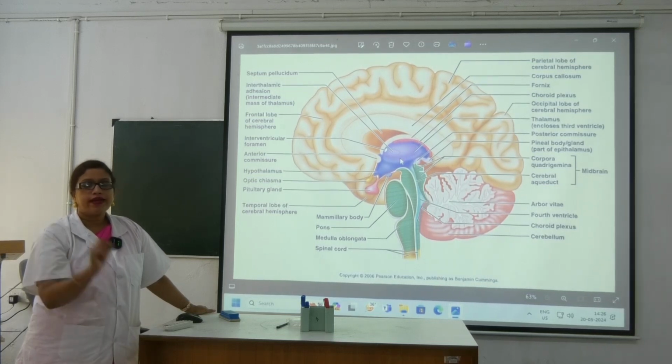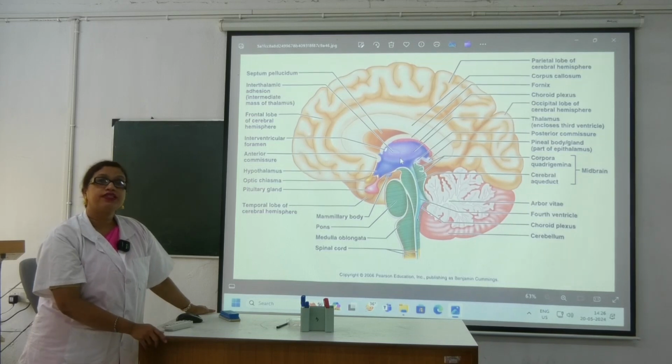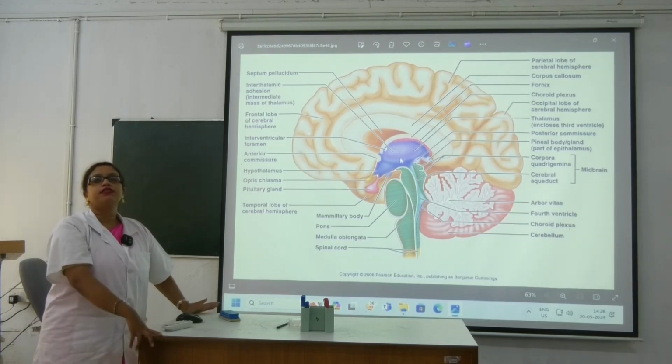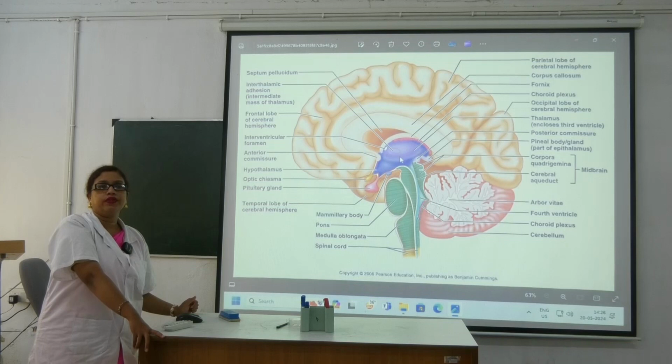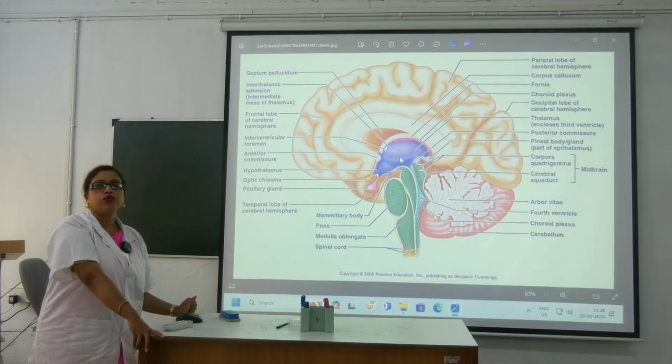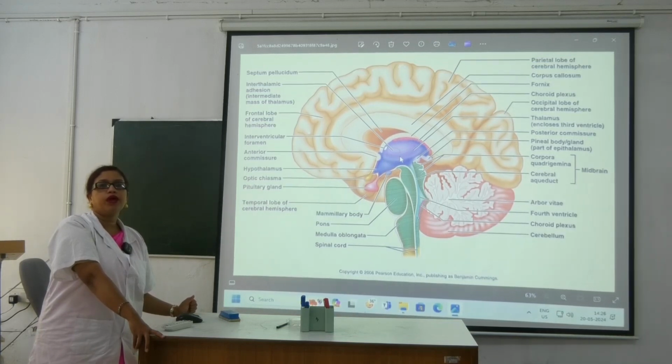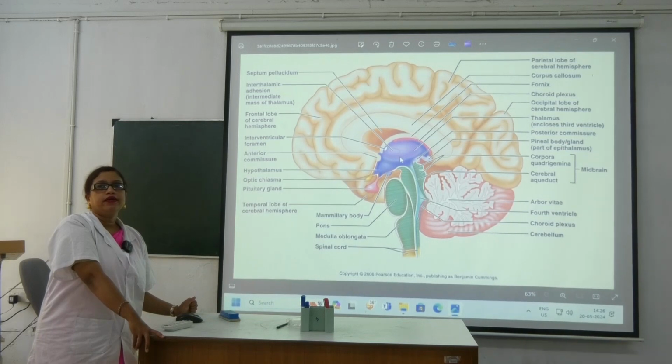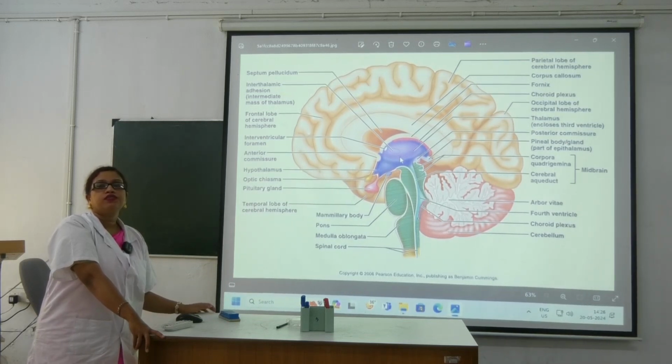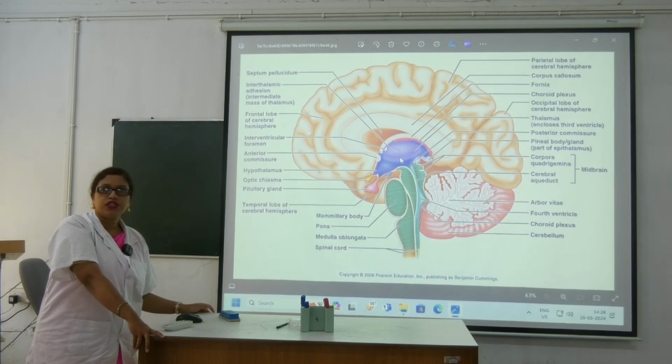So এখানে আরেকটা লেখ, which structure is related to third ventricle? Number one is stria terminalis.